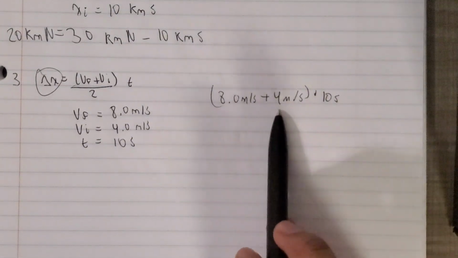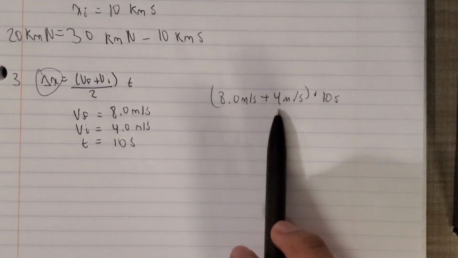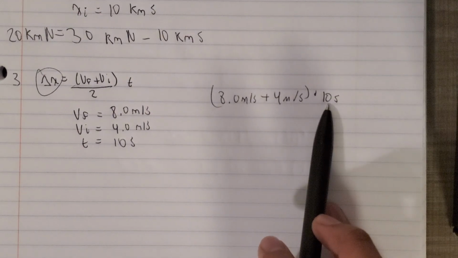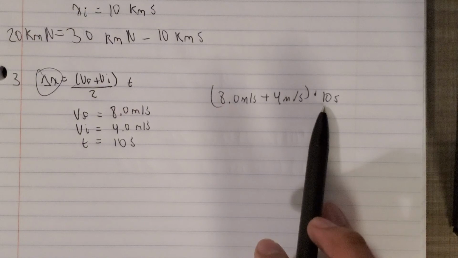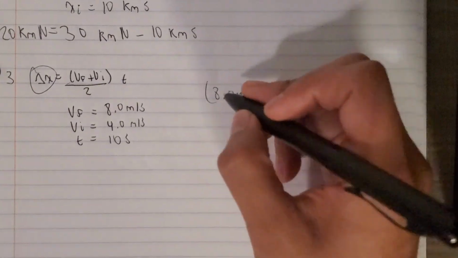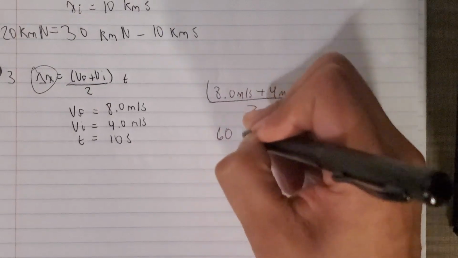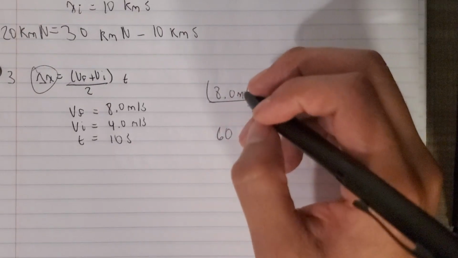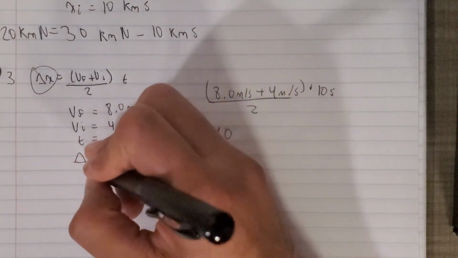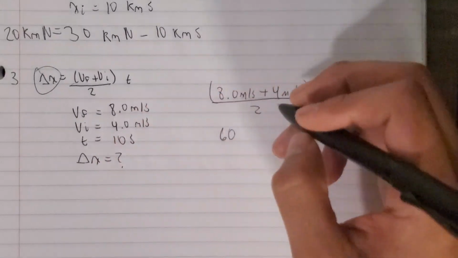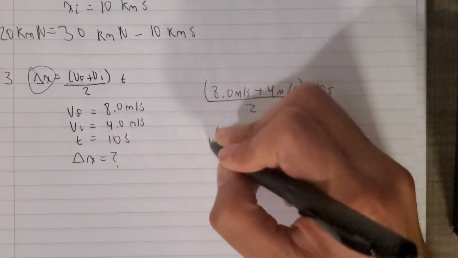We should get 8 plus 4, 12, times 10, 120, divided by 2, 60. 60 meters.